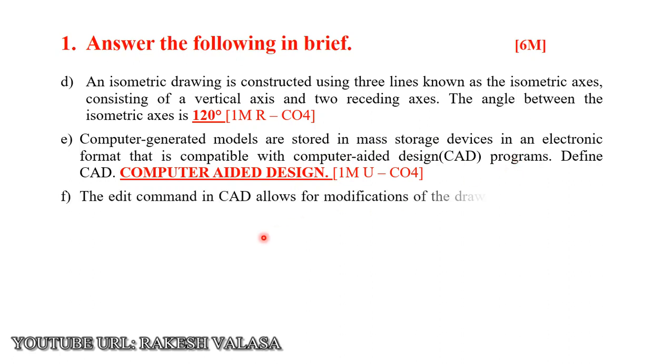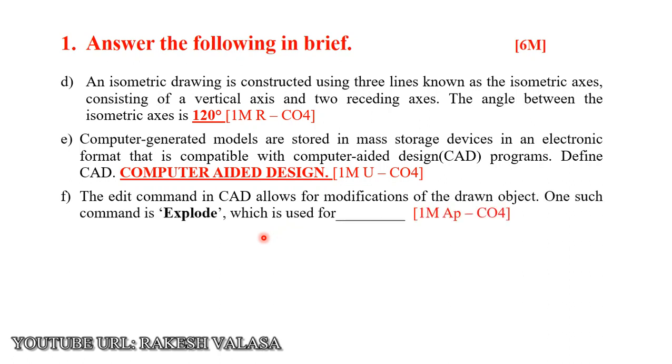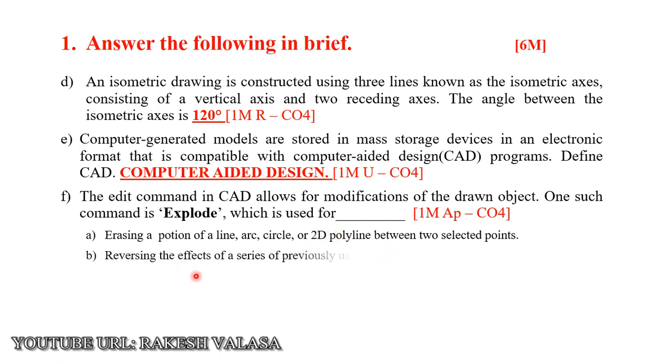Question number F. The edit command in CAD allows for modifications of the drawn object. One such command is explode, which is used for: option A, erasing a portion of a line, arc, circle or 2D polyline between two selected points; option B, reversing the effects of a series of previously used commands; option C, breaking a polyline into individual segments; option D, none of these.